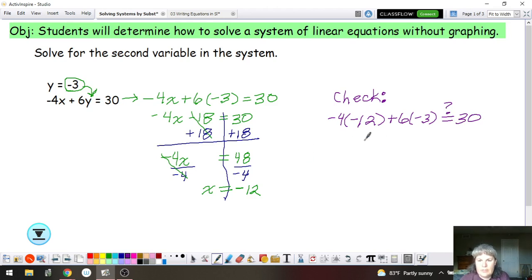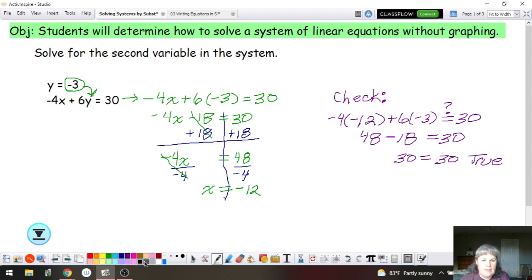So negative 4 times negative 12 is positive 48. We already said that positive 6 times negative 3 is negative 18. Will that equal 30? 48 minus 18 is in fact 30, so 30 equals 30 is a true statement.